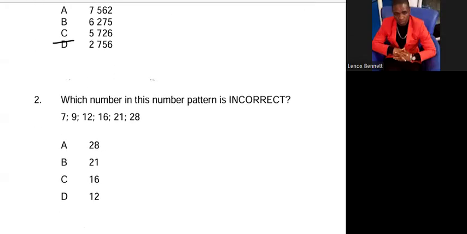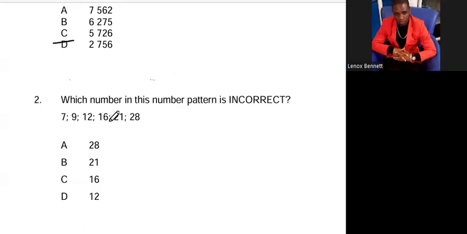Number 2 says, which number in this number pattern is incorrect? All right, so let's see. We start off with 7. We added 2 here. We added 3 here.